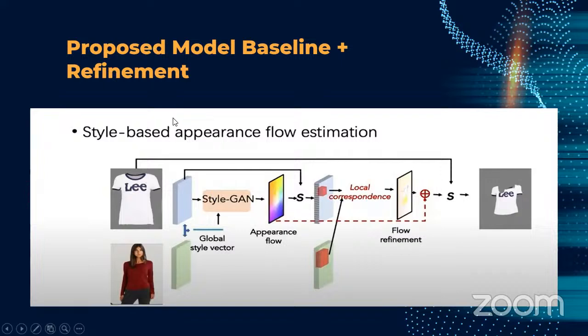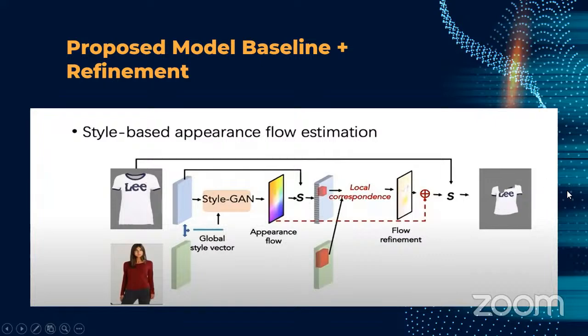Additionally, this paper proposed a refinement flow network here to cover the part of the local features and local correspondence, and it gives the desired output.